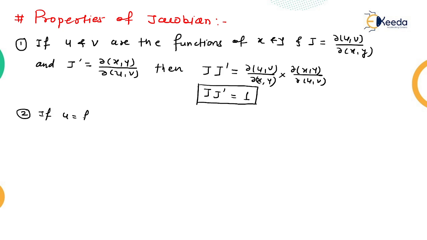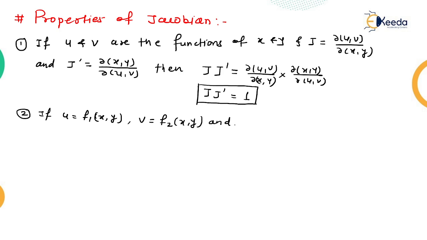u equals some function f1 of x, y, and v is also equal to another function, we say f2 of x, y. And there is one more function I am writing, in the form of x and y.